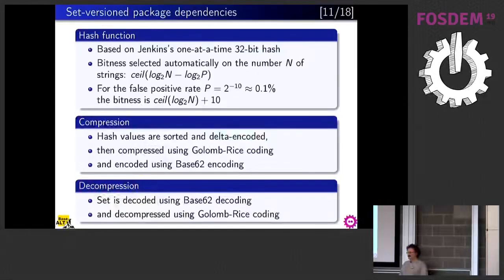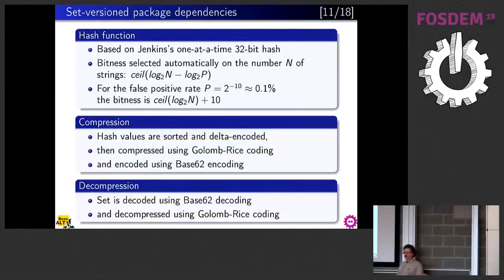So how are set versions implemented? It's a combination of a hash function, chosen based on the number of strings. What strings? Functions and variable names. It's a downgraded Jenkins one-at-a-time 32-bit hash, downgraded to the size that is enough to guarantee the false positive rate we want.